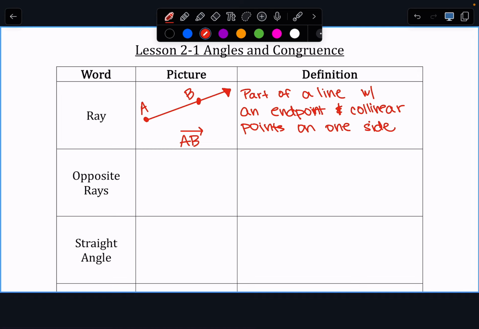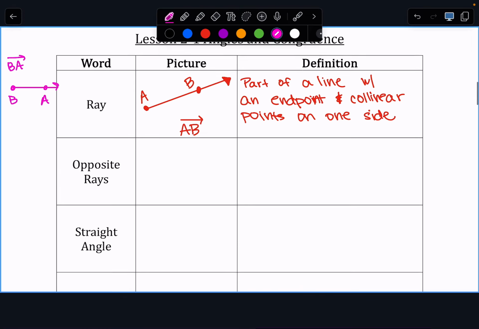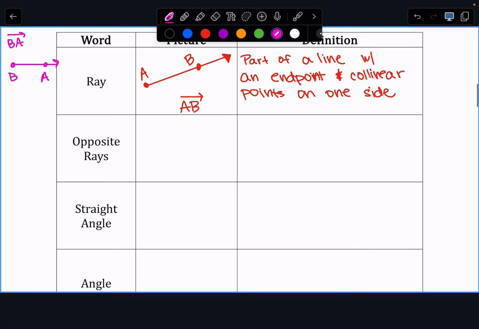Do you see that? Okay. So the ray BA would then have to look like this. That would be ray BA. It would have to look like that.